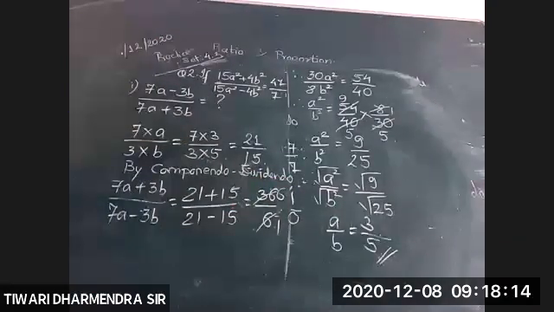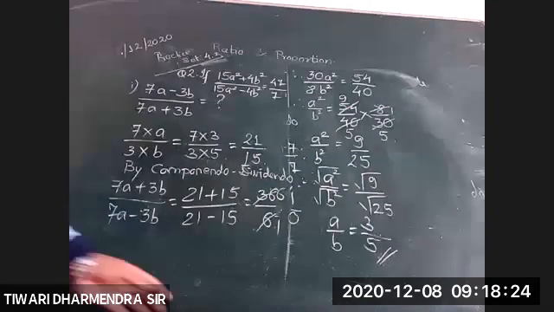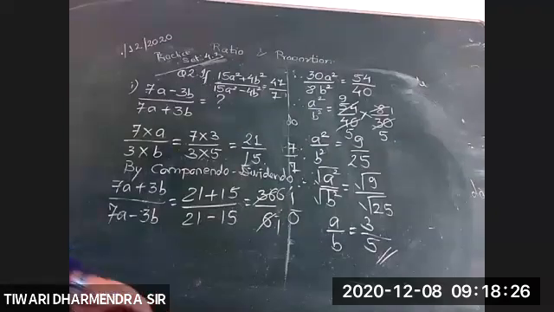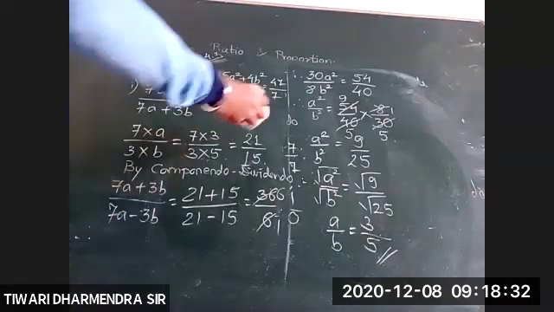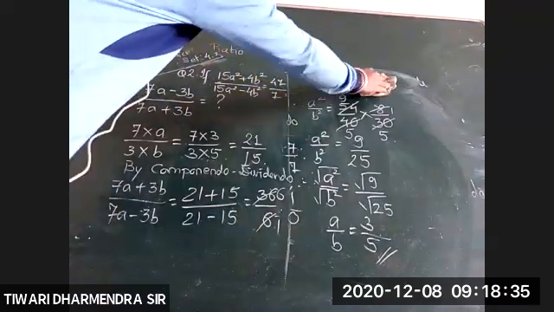So we got 7a plus 3b upon 7a minus 3b as 6 by 1. So by invertendo, we will write this. Therefore, still using this part as that part is not visible.